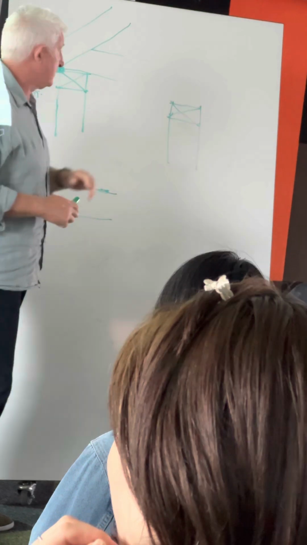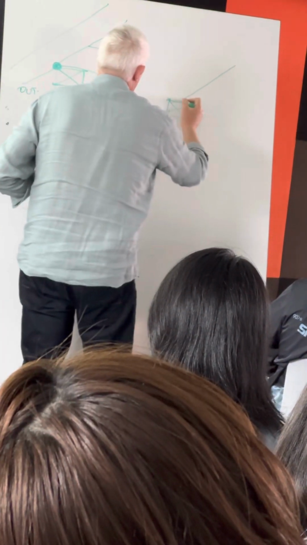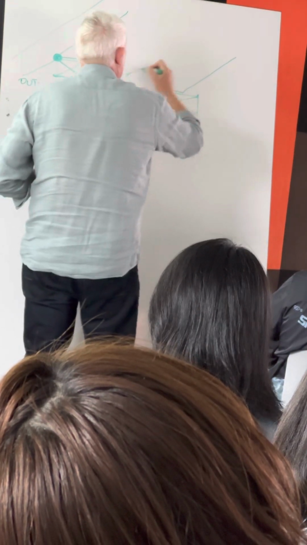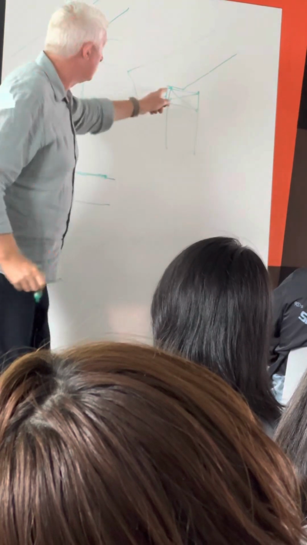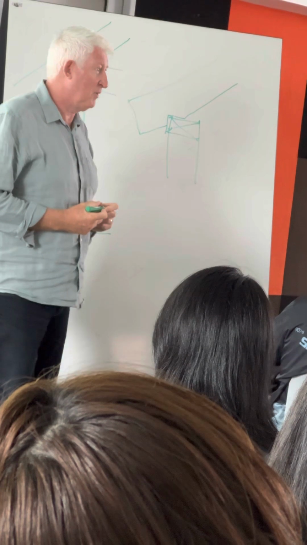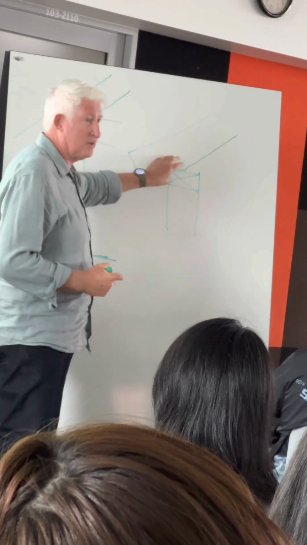With rafters, you can do different types of things. You can have a rafter come down with a bird's mouth, where they cut a little bit out and it sits over the top.